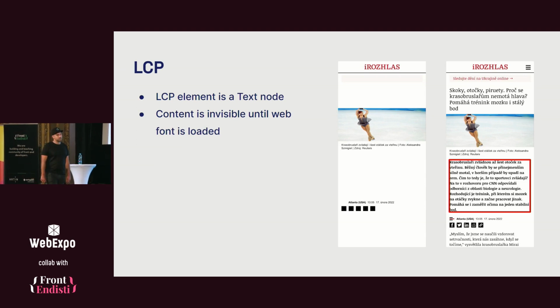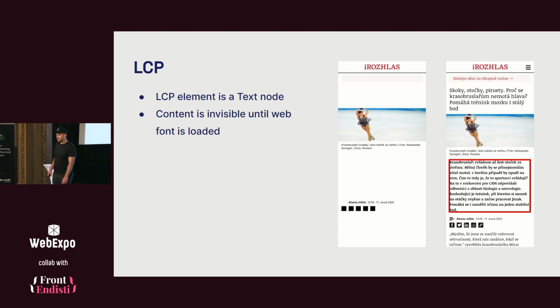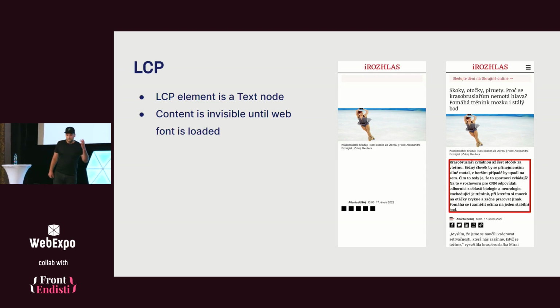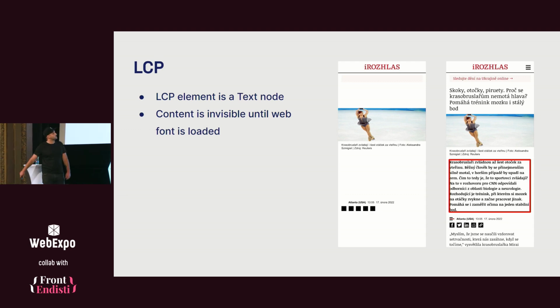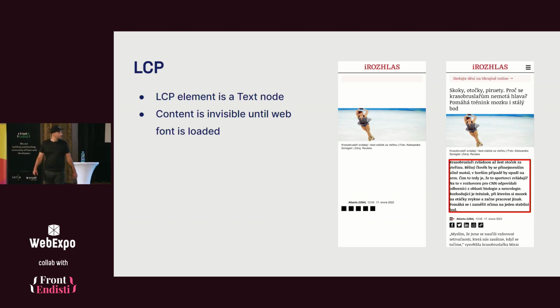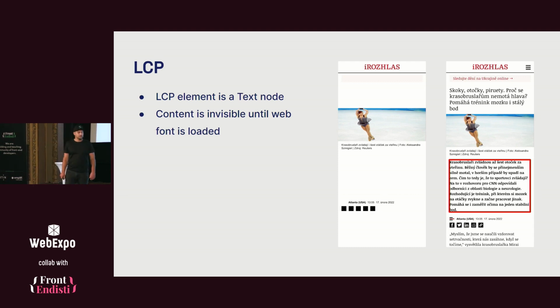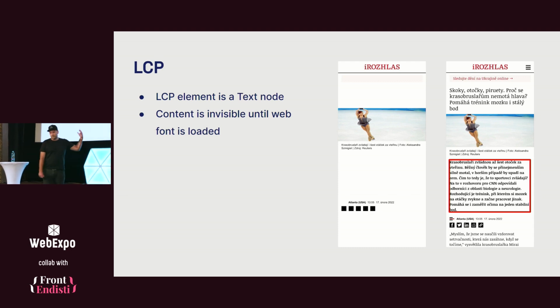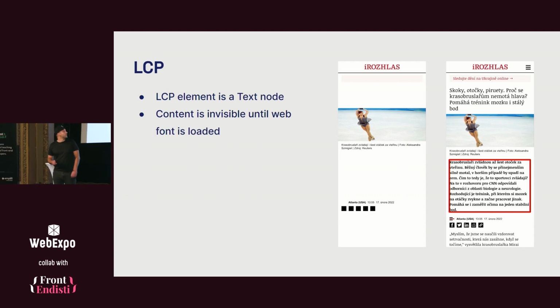There is probably more examples, but I chose the most simplest one, where your LCP element is a text node, like you can see on the right, and content is invisible during your web font loading. You will delay your LCP metric, so the result will look like this for the user. You have something rendered, and when font is loaded, text comes visible.